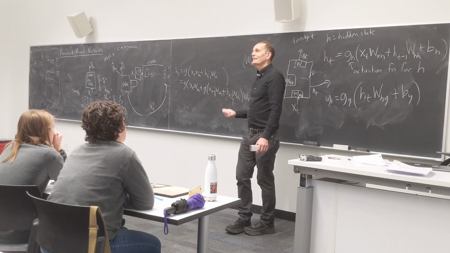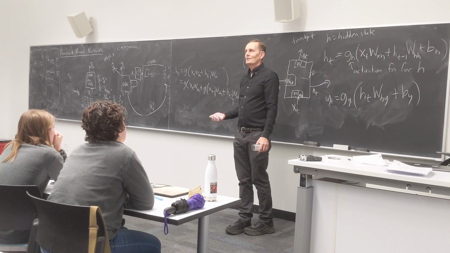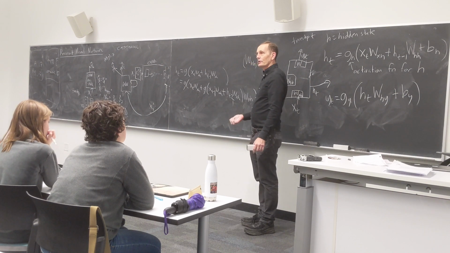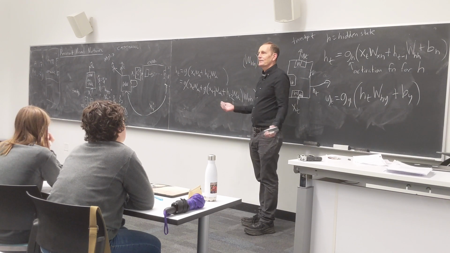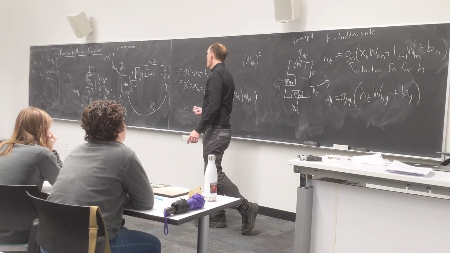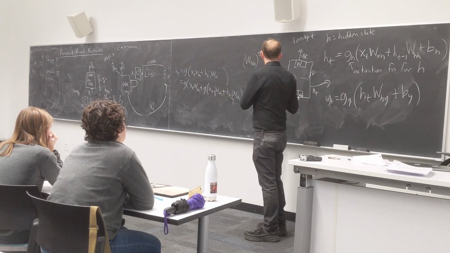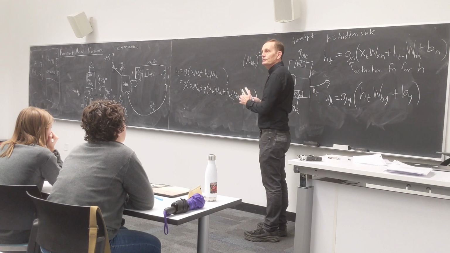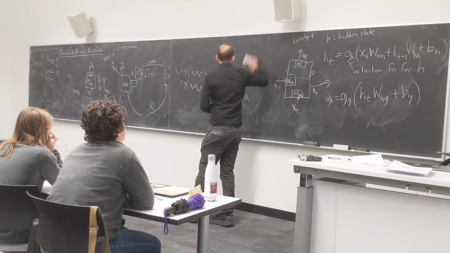All right, let's get started on backpropagation. Basically, backpropagation for recurrent neural networks is nothing special. It makes sense to look at it in the unrolled view. So let me unroll it.